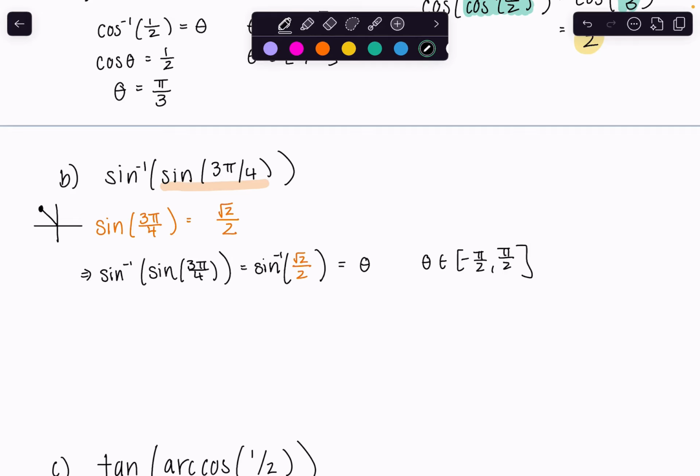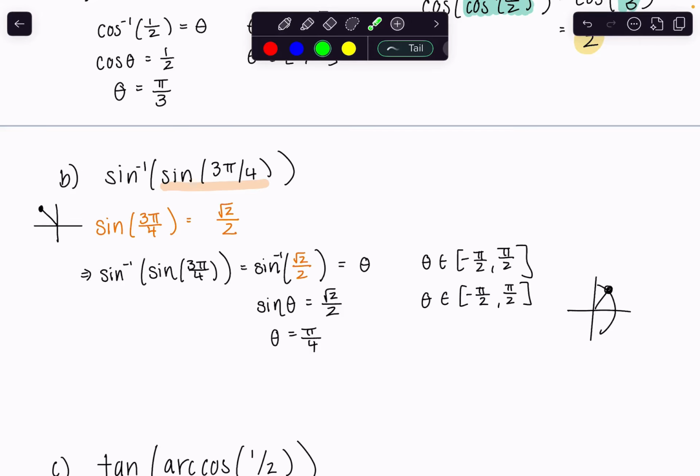So this is the same thing as asking where does sine of theta equal root 2 over 2 when theta is going to be in quadrant 1 or quadrant 4. And I already know the reference angle for this. It is going to be a 45-degree angle. And for sine to be positive, that is going to happen in the top half of the unit circle. So my theta output is pi over 4.